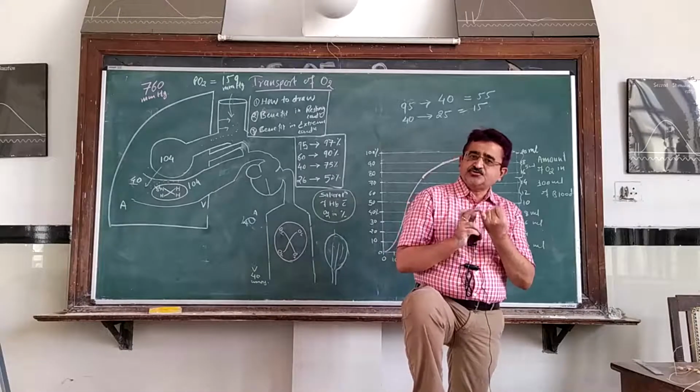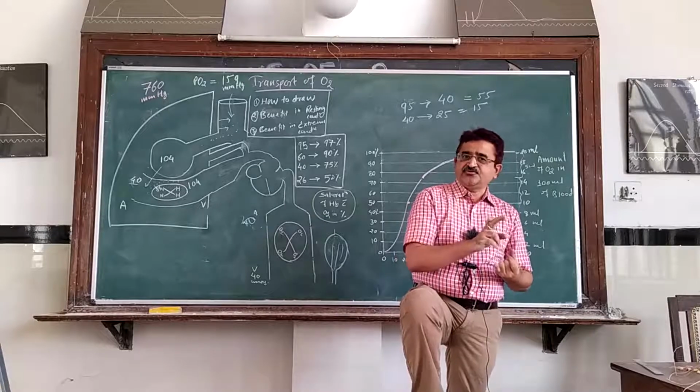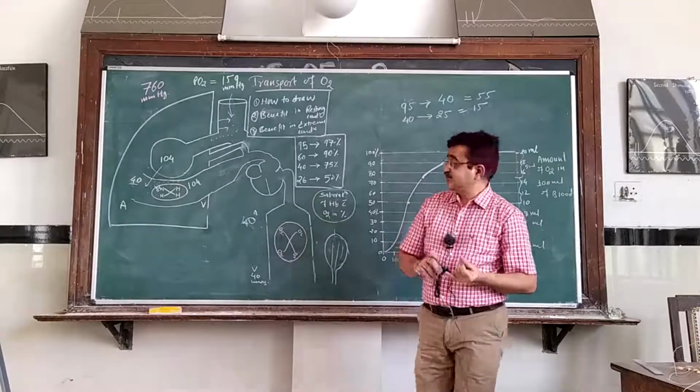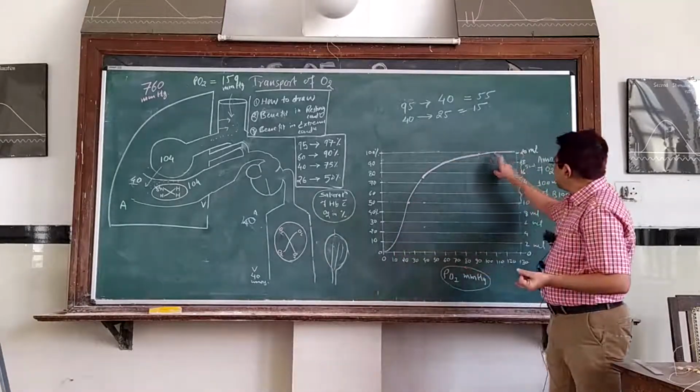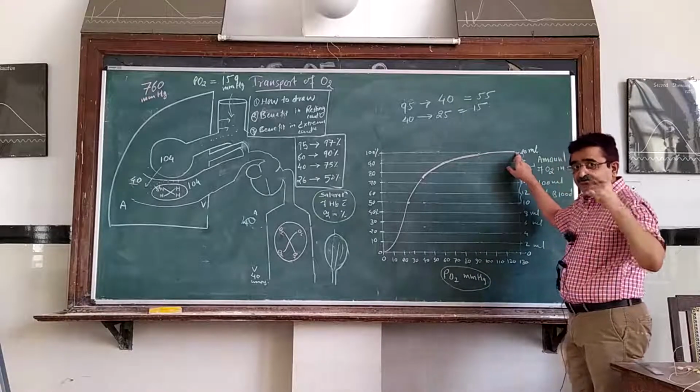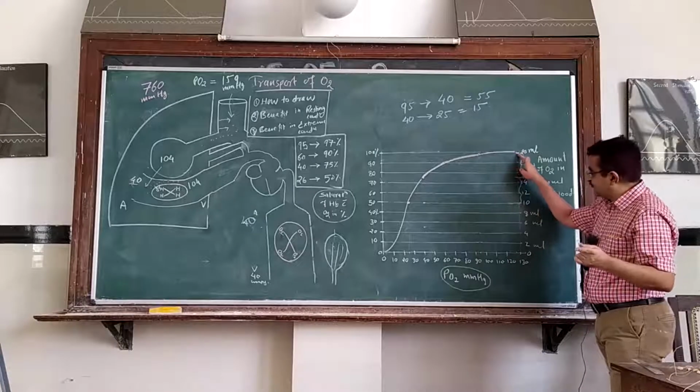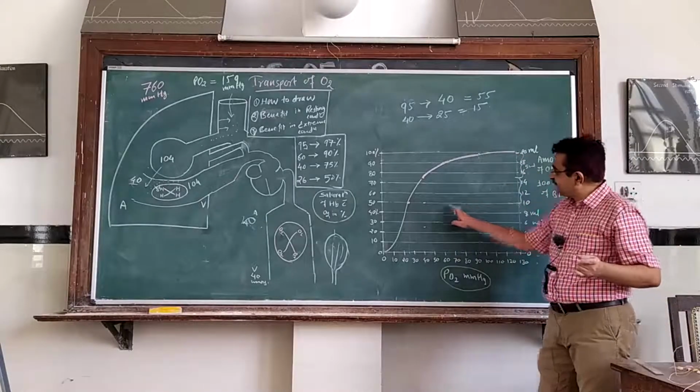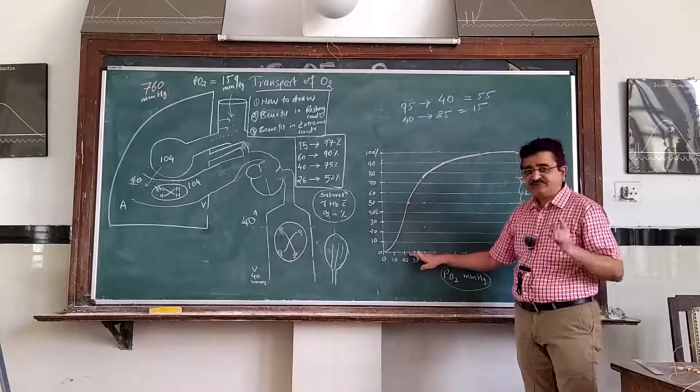Okay. So to deliver 10 ml of O2, what should happen on the curve? At 95, it is containing 20 ml, and to deliver 10 ml of O2, the partial pressure should fall to 25.